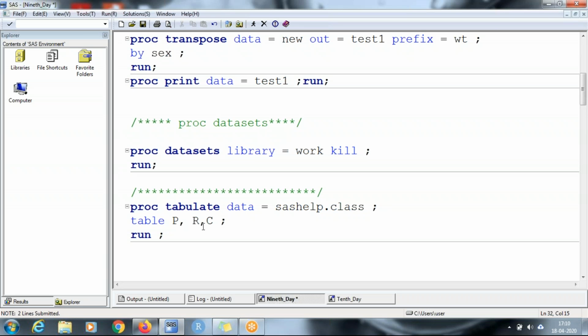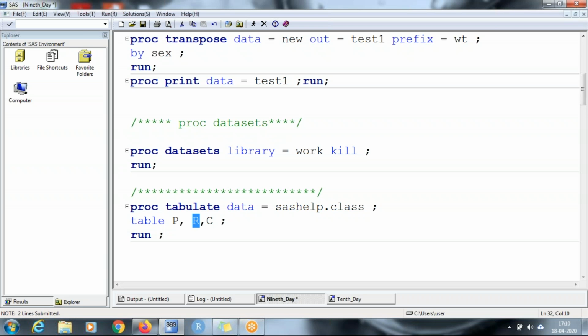Let me explain one more time. C stands for column, R stands for row. The column you want on top, you will define in the column place, and something you want in rows, you will define over here.